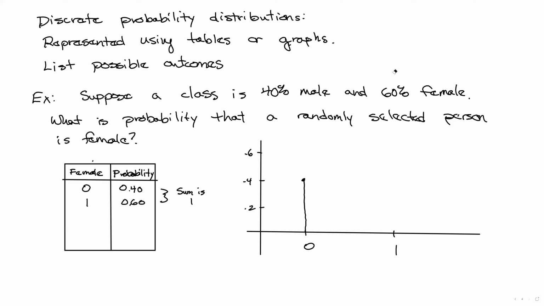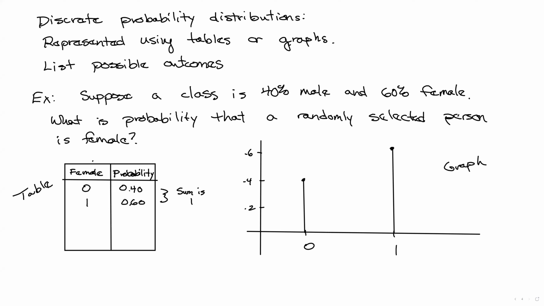Actually, I could use the line tool for this. Oh, that's a little off. Anyway, for 1, you get 0.6. And there's the graph, and that's the probability distribution. So here it is in a table, and here it is in a graph.